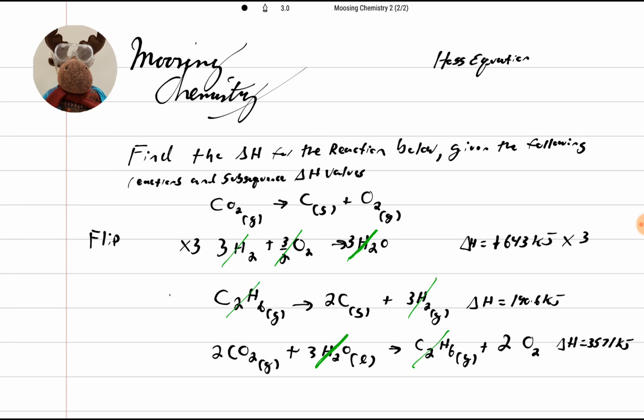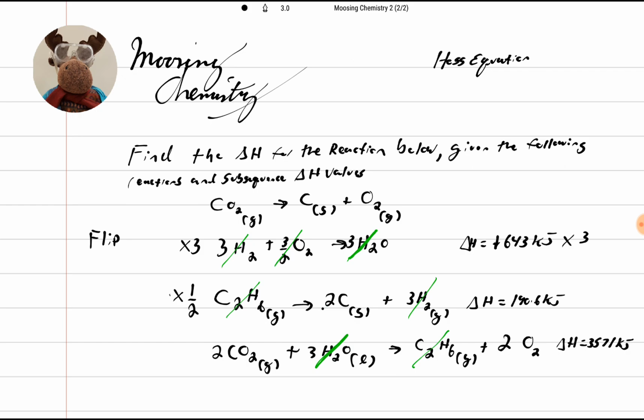Now what we've got left is a C2 here, and we need to make it just C. And we've got a 2O2 here, we have to make that a 2, and a CO2, we have to make that a 2, right? So that means we're going to have to multiply what's left over by 1/2.